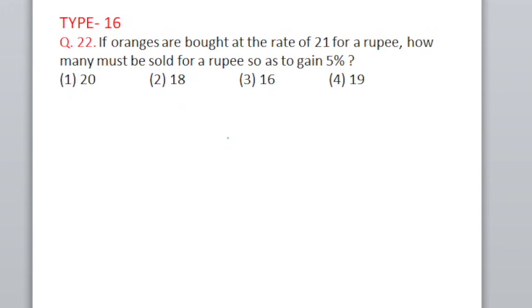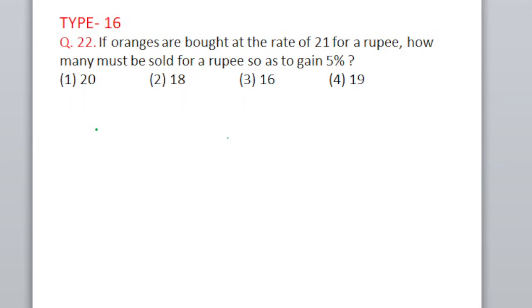Type 16, question number 22. If oranges are bought at the rate of 21 for a rupee, how many must be sold for a rupee so as to gain 5%?